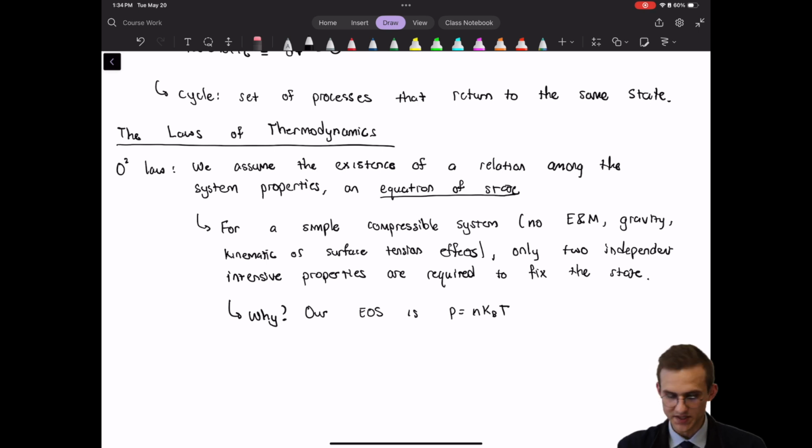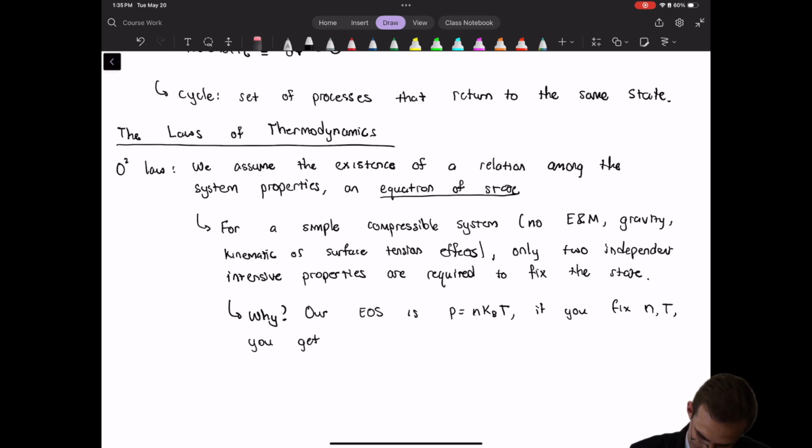The other thing that's important is that you choose properties that can be varied while holding the other constant. But that's a bit of a pedantic point. Our equation of state is P equals n k_B T. So if you fix n and T, you get P, and your equation of state is defined, and your system is set.